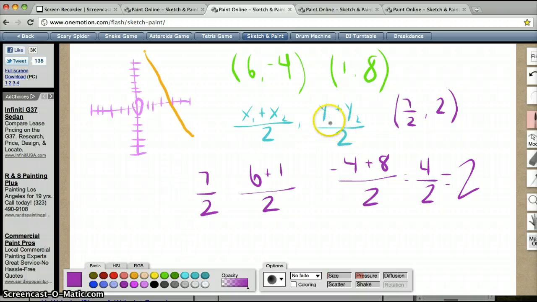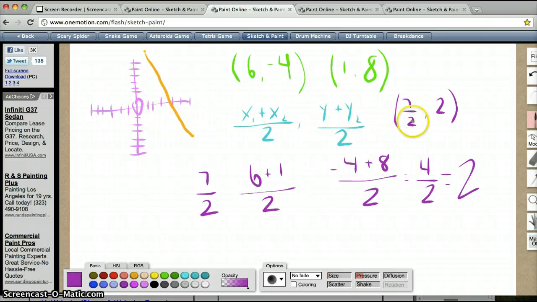We've got our y1 plus y2, so y1 is -4, y2 is 8, divided by 2. So 8 plus -4 is 4, over 2, which is 2. So the midpoint between (6, -4) and (1, 8) is (7/2, 2).